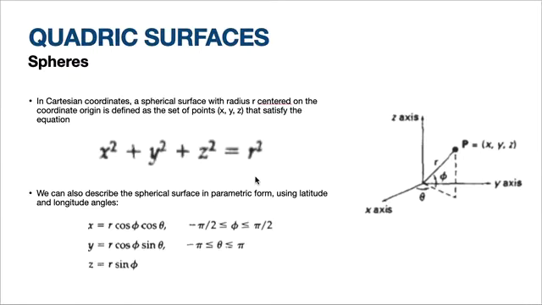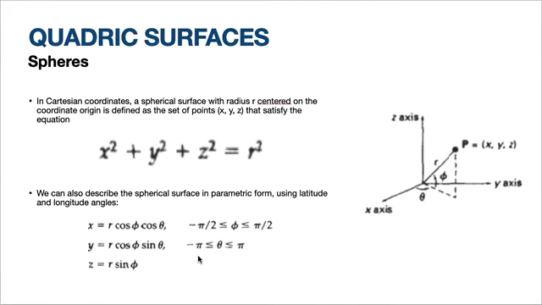And we can also describe this spherical surface in parametric form using latitude angle phi and longitude angle theta. So, the latitude angle phi and longitude angle theta can be used to describe a spherical surface.